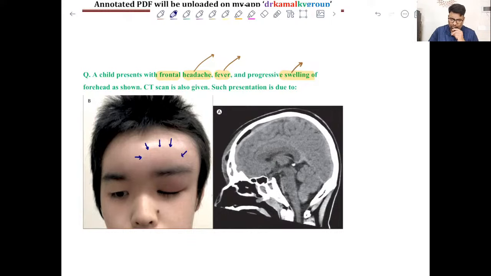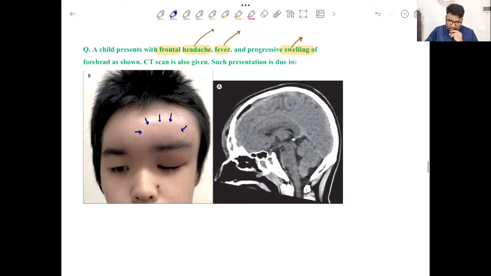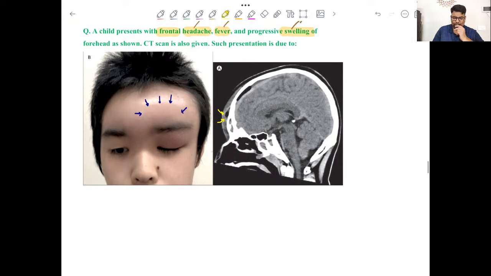And now here, if you look at the CT scan, this is a sagittal view, and in this area you can see there is swelling, okay, and this is a classical case of Pott's puffy tumor. So this is known as Pott's puffy tumor.